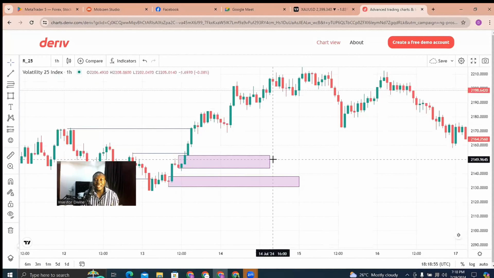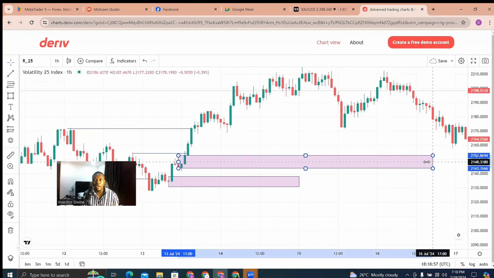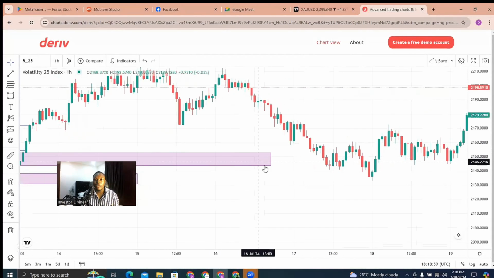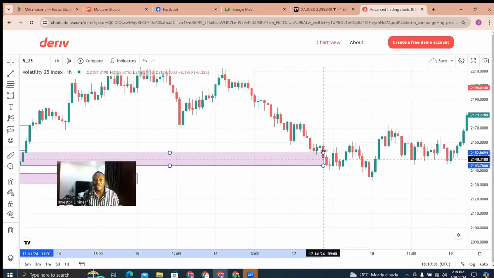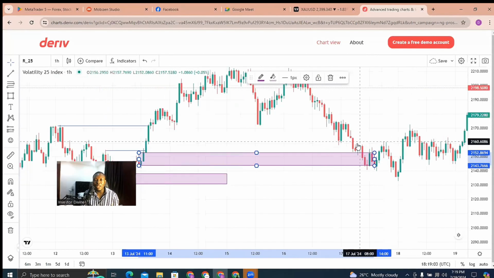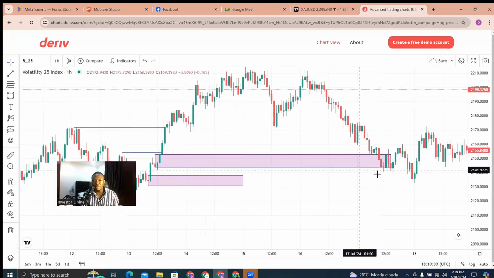So you can be tricked from this point here. You can be tricked to enter a buy entry from here, and you can see what happens. Price can react and break that point. And when the market breaks this point, it means you are losing money. You have hit your stop loss.